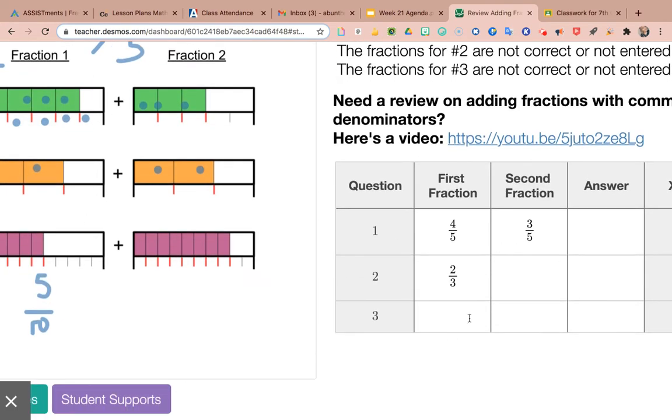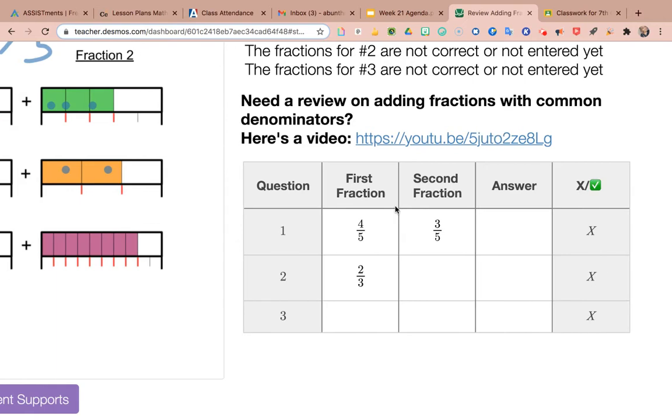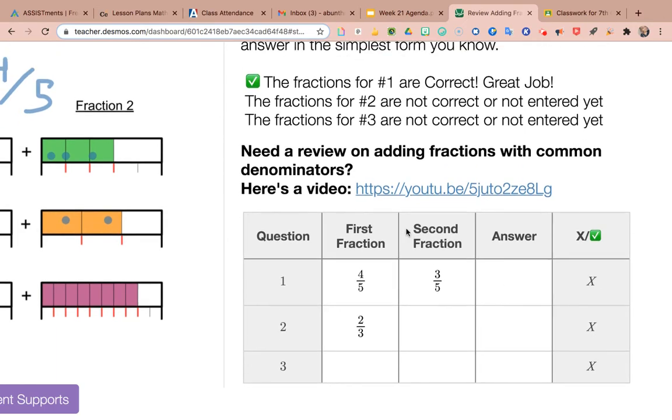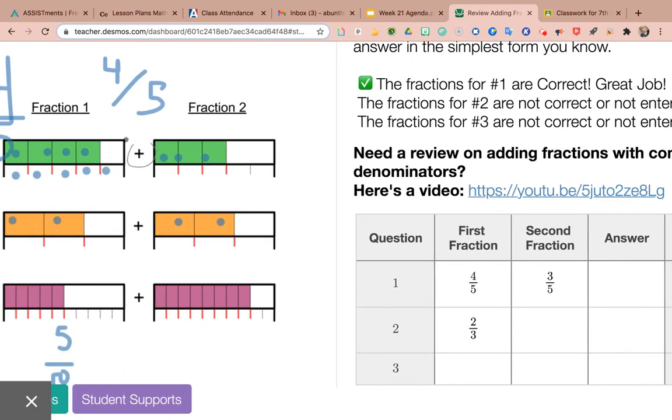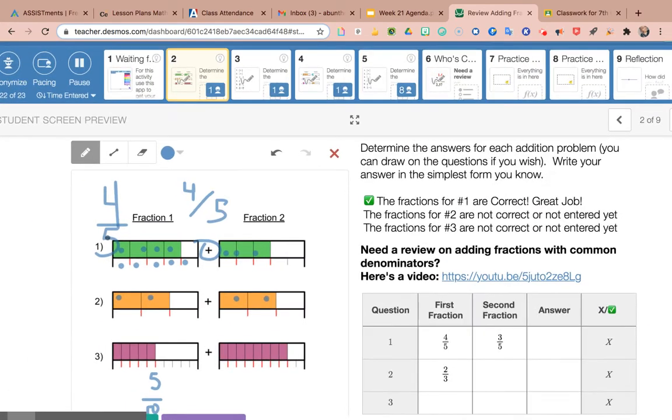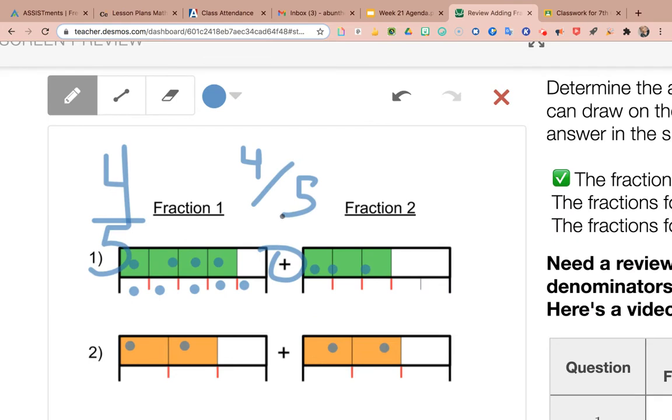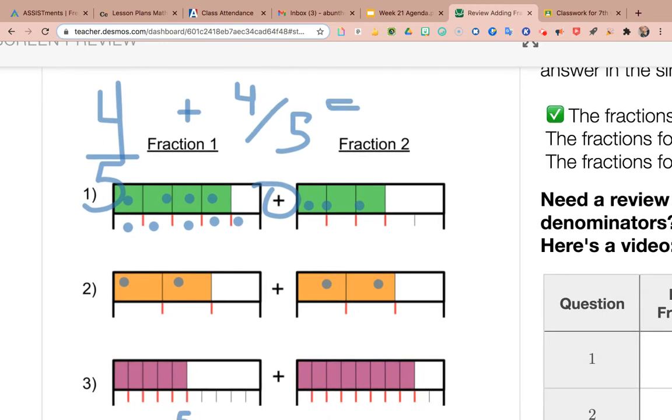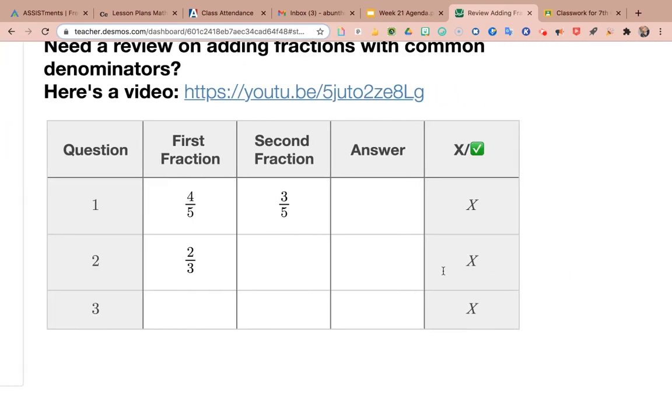Once you have all your fractions, because you've got them from the picture, it says answer. So you're going to add them together because there's a plus right here. Just a reminder, when you have a common denominator, so if the bottom number is the same, then you're allowed to add them, but you can only add the top. So for instance, 4/5 plus 3/5, I can only add the top.